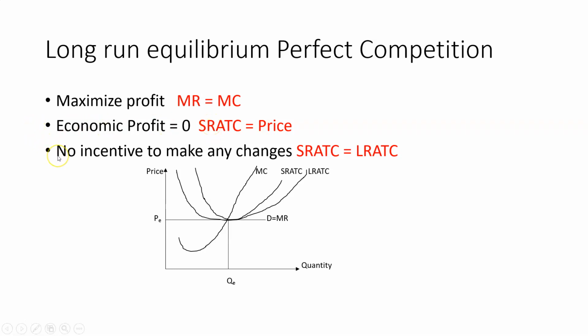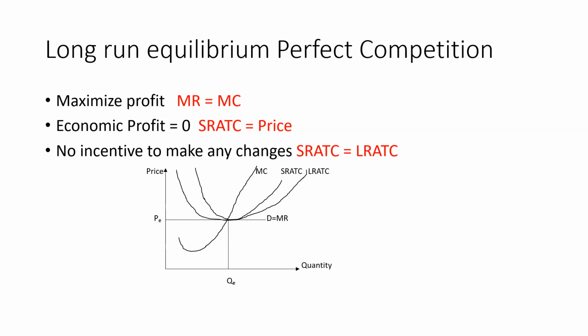Now, the third condition is there's no incentive for you to make any changes. Remember, the difference between the long run and the short run, besides being a time frame issue, is that in the long run, all inputs become variable.